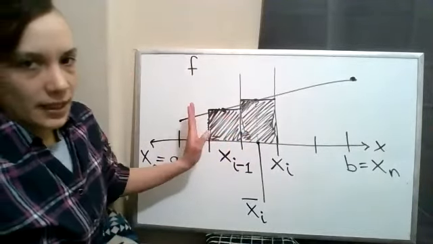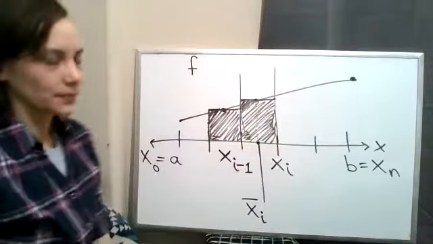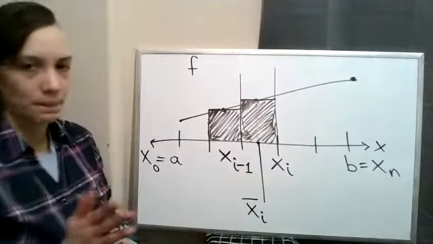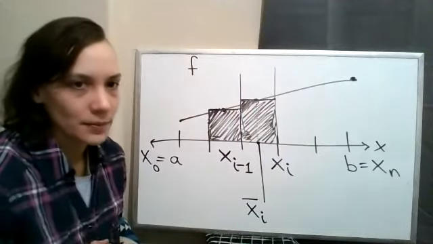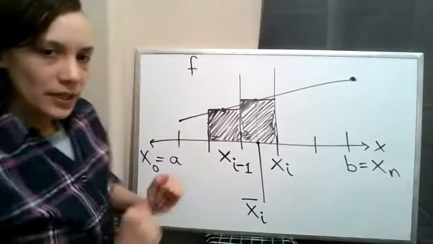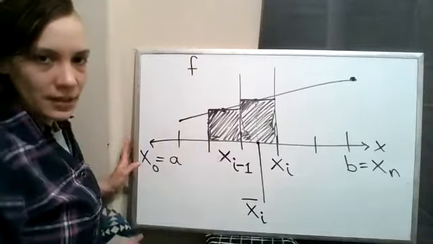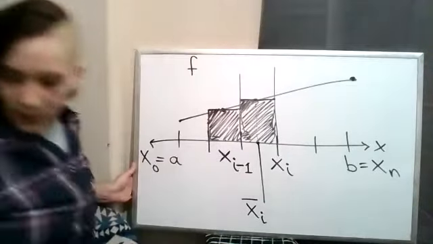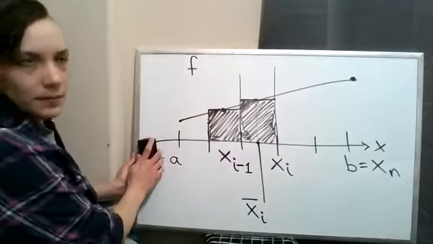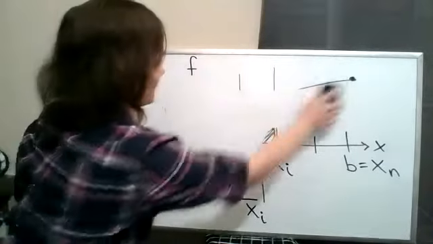We would have a rectangle for each interval, and add all the rectangles together. Let me know if you need something rewritten, if it's hard to see. I'll try to draw these pictures nice and big.